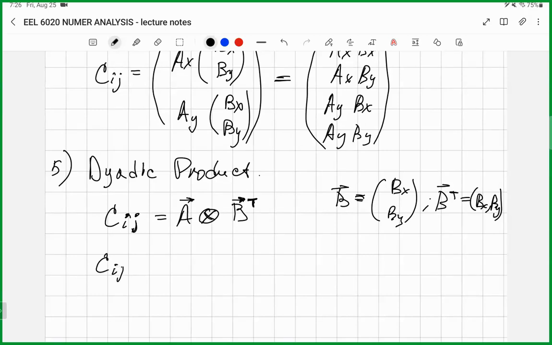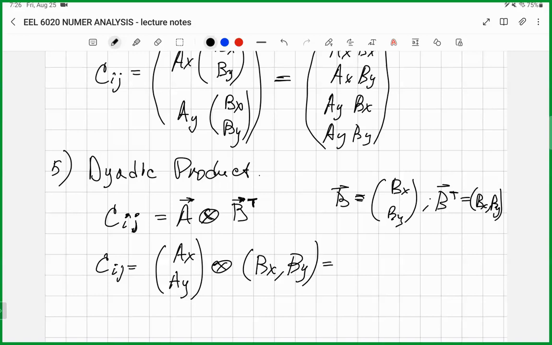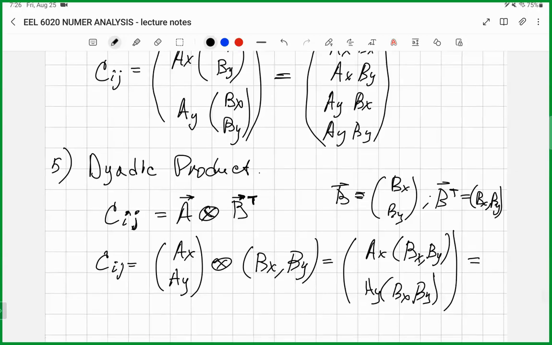In this case, it works exactly like the previous one. I have AX, AY, and then a product by the row BX, BY. The calculation goes the same way: I take the first component and multiply by the second vector, which is the row, then the second component.